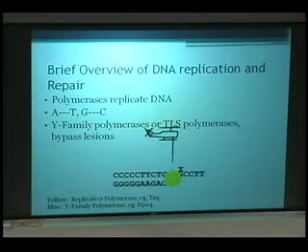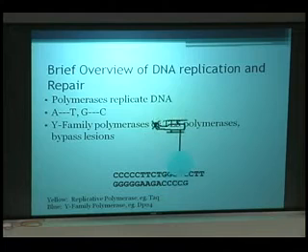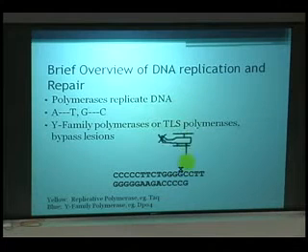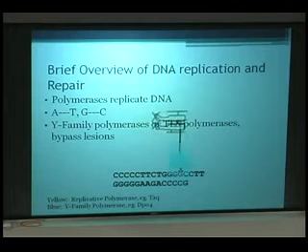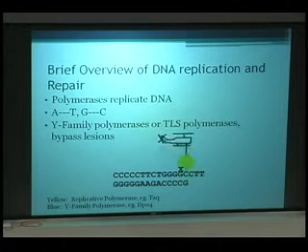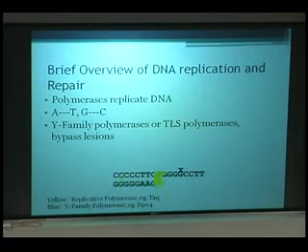Okay, so this is just a brief overview of DNA replication and repair. Again, polymerases are proteins that replicate DNA. A binds with T, G binds with C. Y family polymerases or translesional polymerases bypass lesions. So in this animation here, you can see the yellow starts, it reads the top strand of DNA, which is called the template strand, and it places the correct base in the complementary strand.